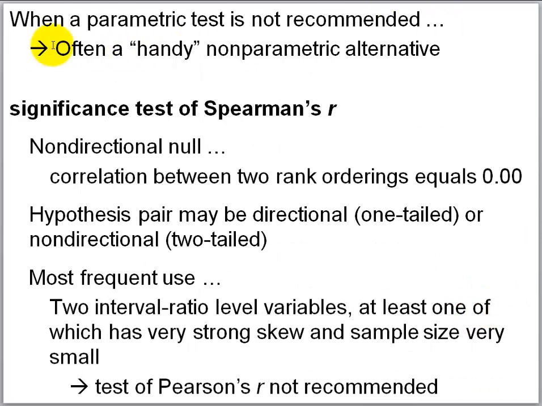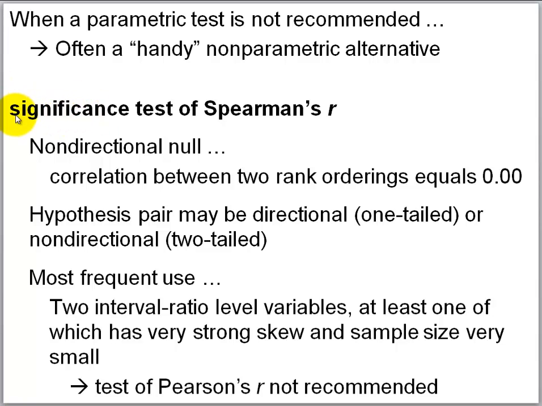There are times when the parametric tests don't work well. Now, I can summarize that very easily. They don't work well when there is a combination of very strong skew and very small sample size. And in essence, in these situations, there's almost always a handy non-parametric alternative to the parametric test that isn't recommended.